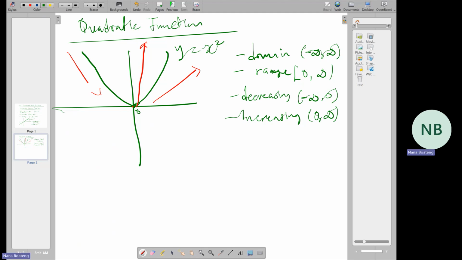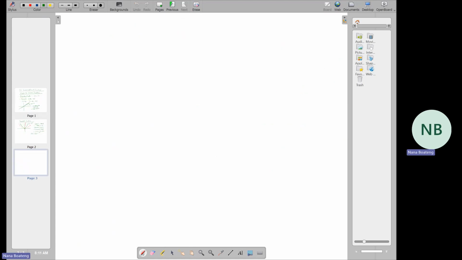And it's an even function because of the power 2: f of x is equal to f of minus x. Okay, let's look at some more. The next on the list is the square root function.